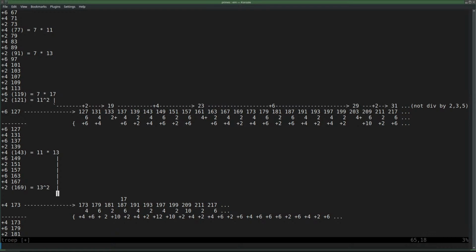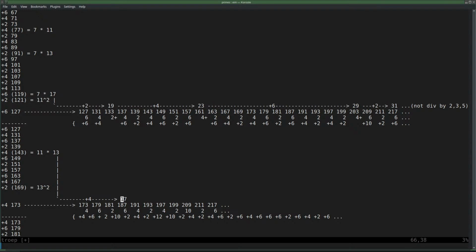That continues by adding 4. It becomes 17. And that is because we have all numbers that are not divisible by 2, 3, 5, and 7.